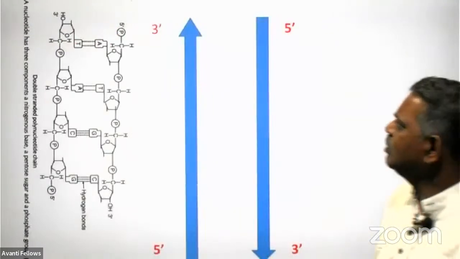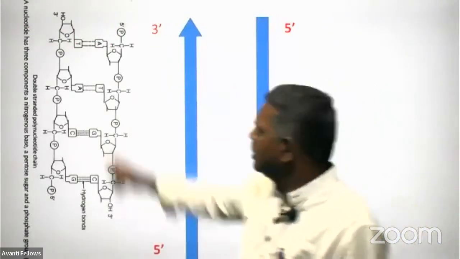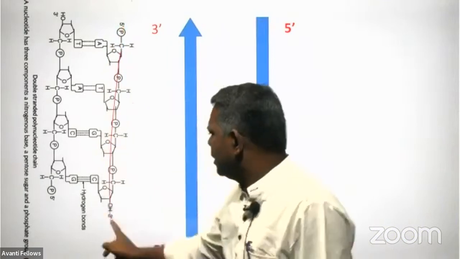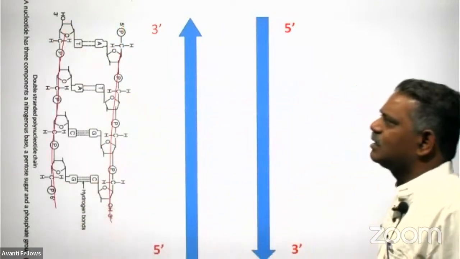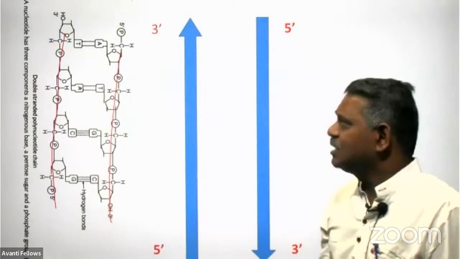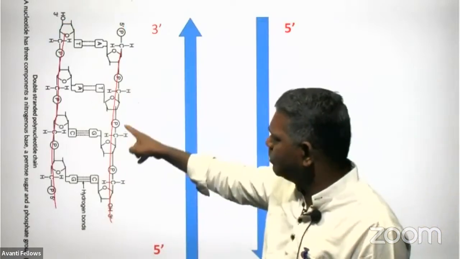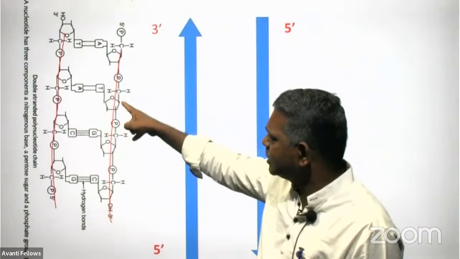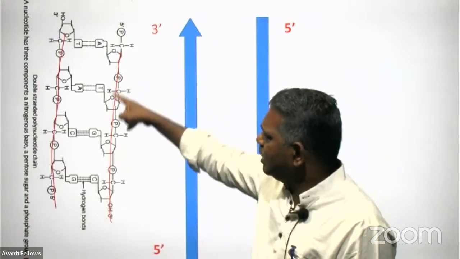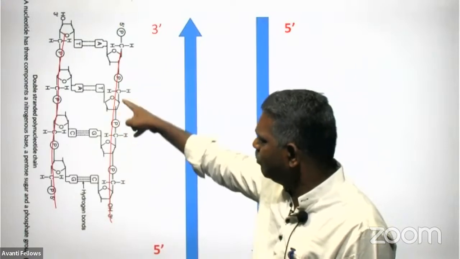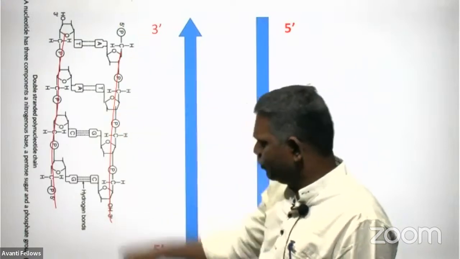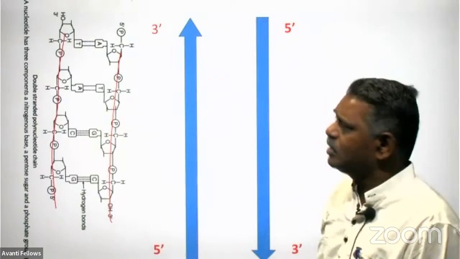As I told you, there are two strands here. This is one strand, and this is the other strand. The nucleotide strands are connected to each other through the phosphate molecule. See that first carbon atom, the third carbon atom and the fifth carbon atom are involved in this connection to form a long chain of nucleotides.